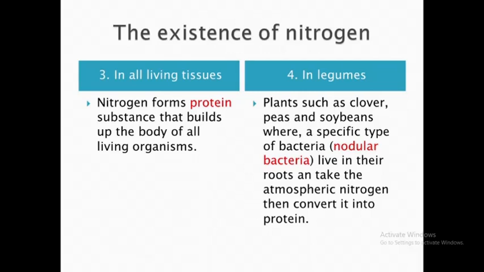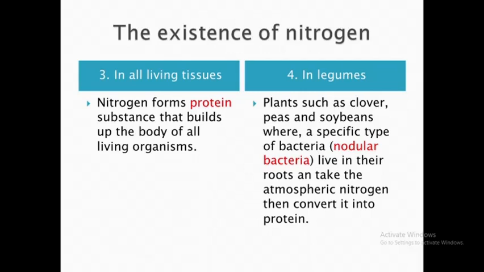Number four, in legumes. Legumes are a group of plants like clover, peas, and soybeans, and these plants can make protein. How? They will get nitrogen from air, but not by themselves.